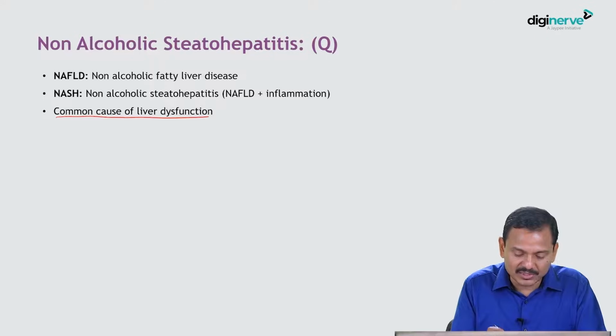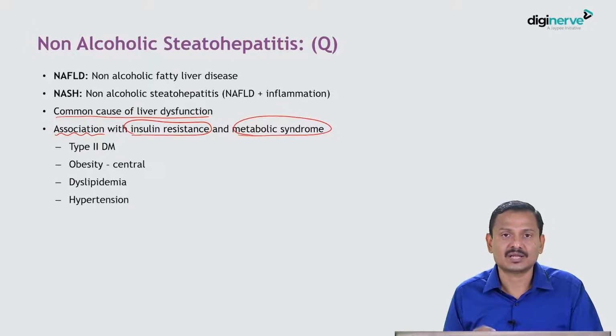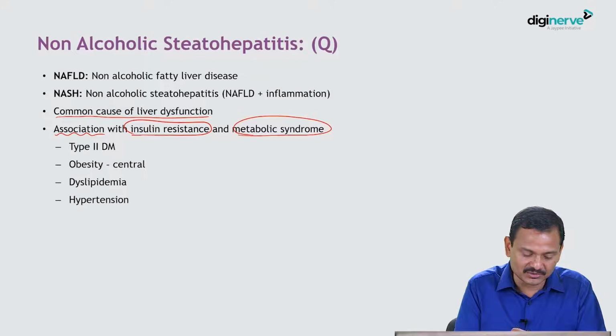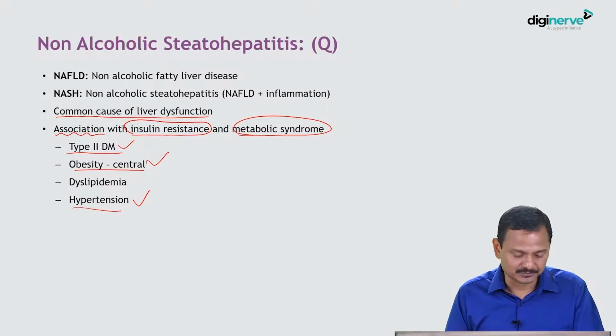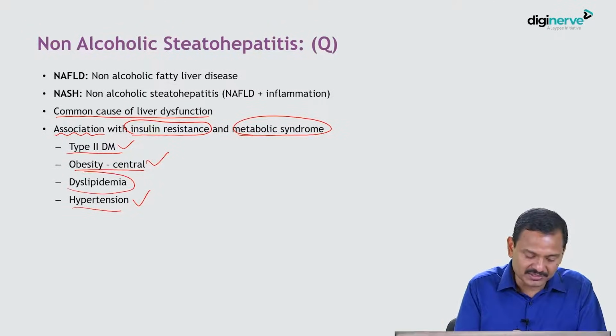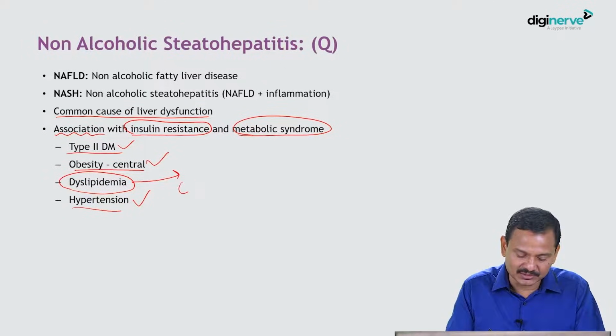Now, this is also a common cause of liver dysfunction, and it is associated with insulin resistance and metabolic syndrome. That's what I mentioned in the case scenario, because our patient had diabetes, obesity, and hypertension. In addition, these patients can also have dyslipidemia, and this can lead to cardiovascular complications.